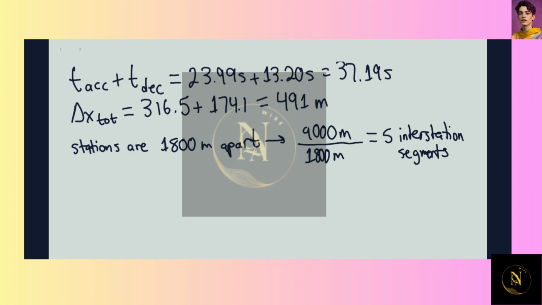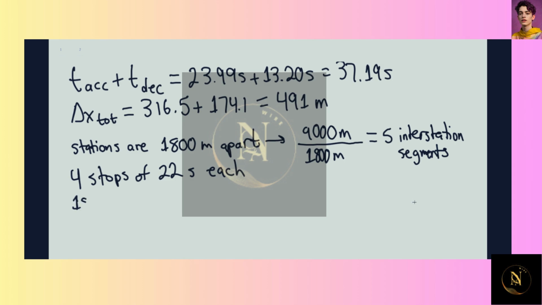And we know that we have 4 stops of 22 seconds each at the stations. 491 meters, again, is traveled during acceleration and deceleration.